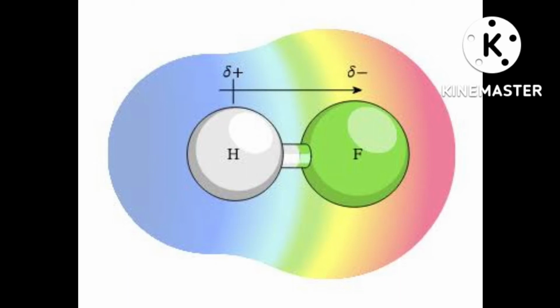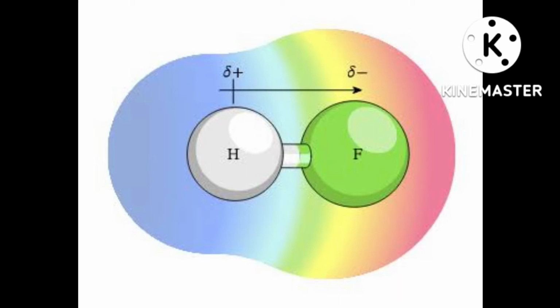Again I am telling you, when an electron is added to a neutral gaseous atom X to convert it into a negative ion, the enthalpy change accompanying the process is defined as the electron gain enthalpy, denoted by ΔH.